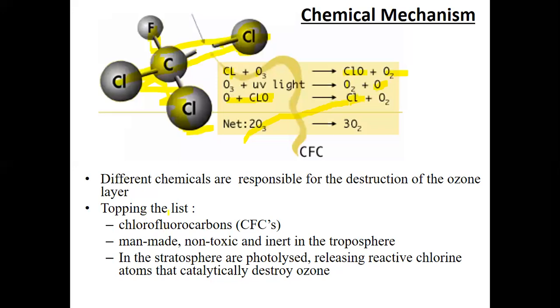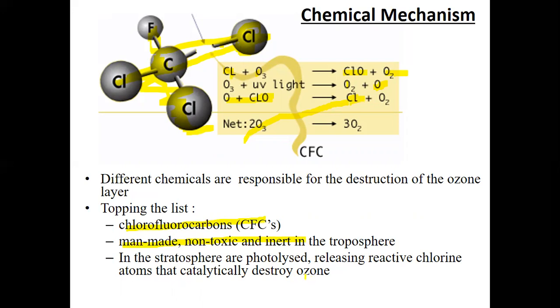So we know now that CFCs are mainly responsible for the ozone layer depletion. These CFCs and other ozone layer depleting compounds are man-made, non-toxic, and inert in the troposphere. In the stratosphere, they are photolyzed, releasing active chlorine atoms that catalytically destroy ozone.